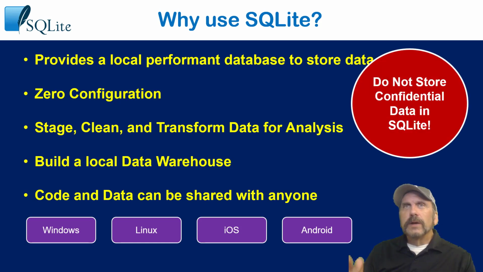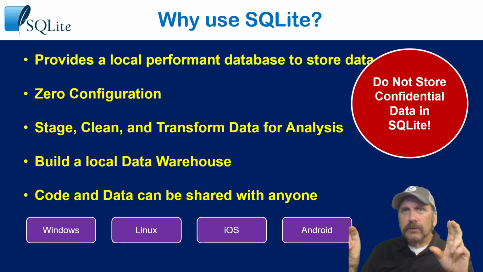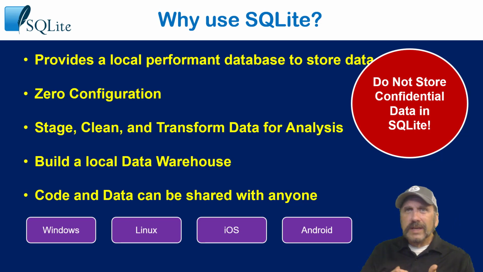Now I do want to point out, I don't recommend putting any kind of confidential information in the SQLite database, because the one thing it does lack is any security features. It doesn't have things like grant and deny. And by the way, it's just a file, so anybody could copy it and go anywhere. In my experience, that's okay, because you don't typically need personally identifying information, things like social security numbers, names, even birth dates.